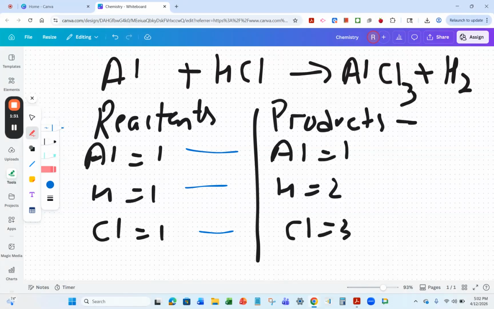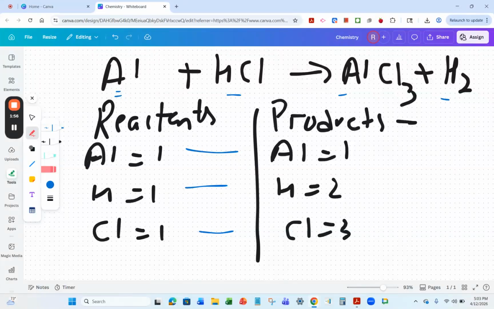You can pick any, but for an easy way, better start balancing the big formulas first and leave the elemental form at the very end. Sometimes when we balance the big formulas, these elemental forms are automatically balanced, so we don't have to erase and keep changing the coefficient.